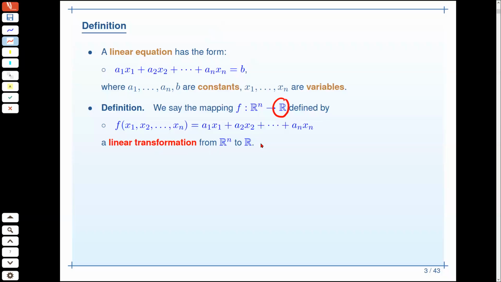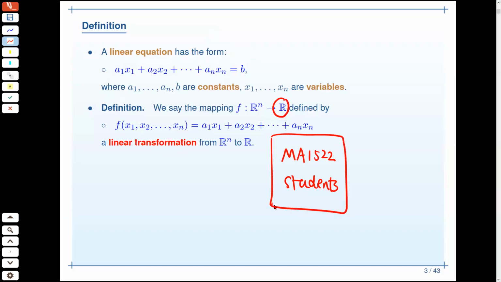For example, okay, we have MA1522 students. Okay, this is my set of the students, right? And now I have a function, right? What is the function? Here, right? A plus until F, right? So this is my function.